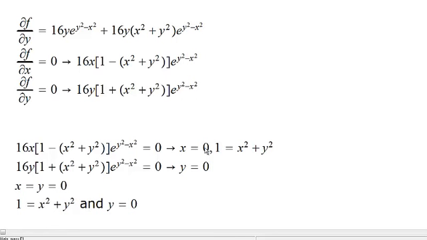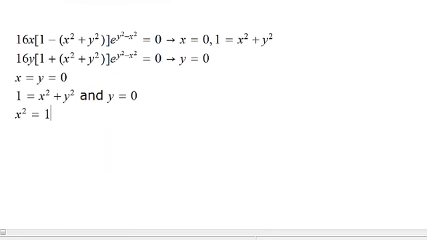Because if this equation is true, then df over dx is 0, and if y is 0, then df over dy is 0. Are we good on this? Very good. So what does this mean? This simply means that x squared equals 1.